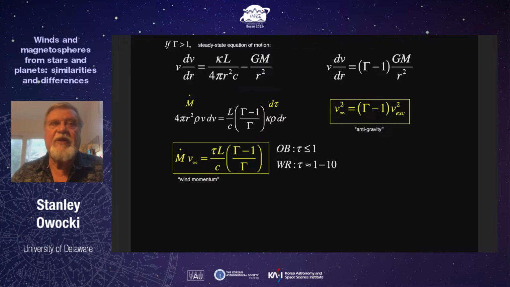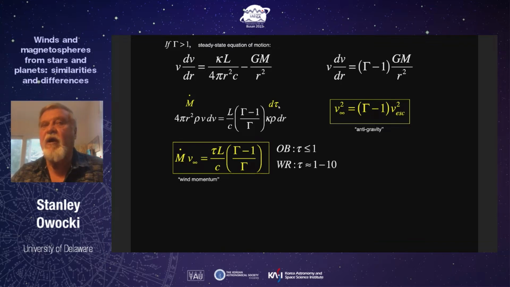If you multiply times 4 pi r squared rho, then that times the velocity gives you a mass loss rate. But then on the right-hand side, that 4 pi r squared rho gets rid of the 4 pi r squared in the denominator, and all you have is the luminosity over the speed of light, the momentum of the light, times an opacity.